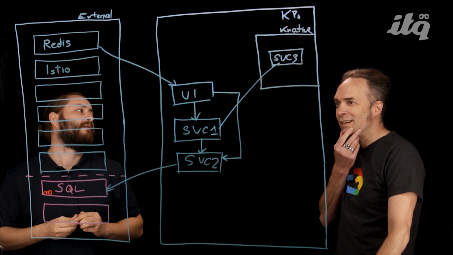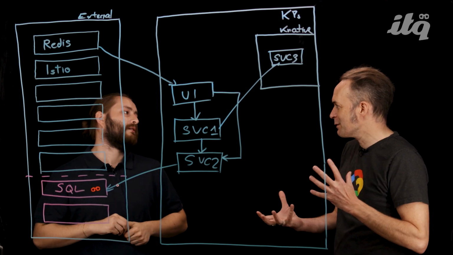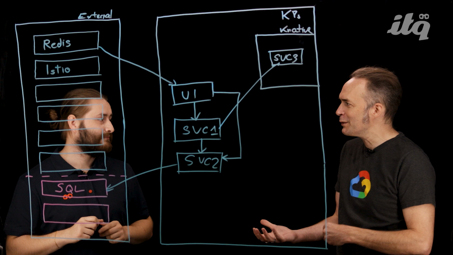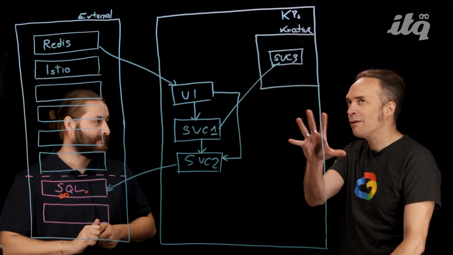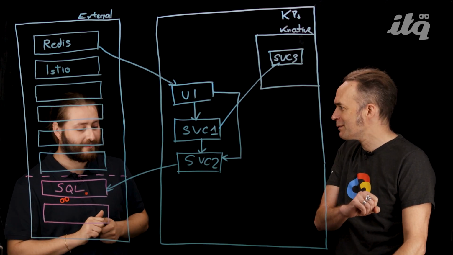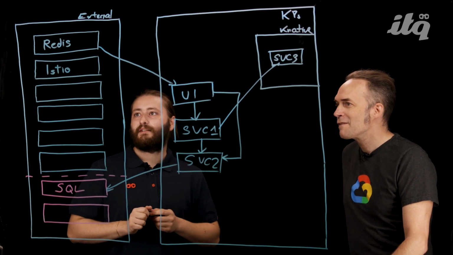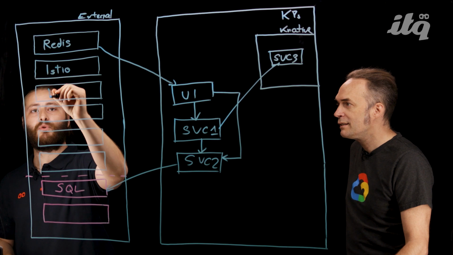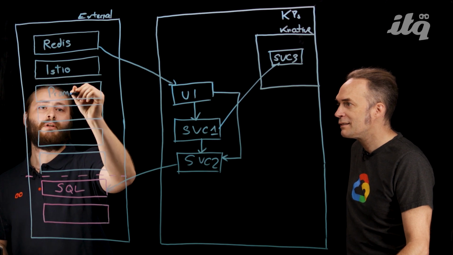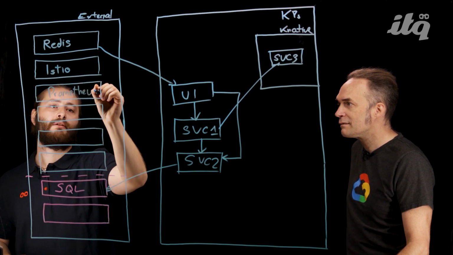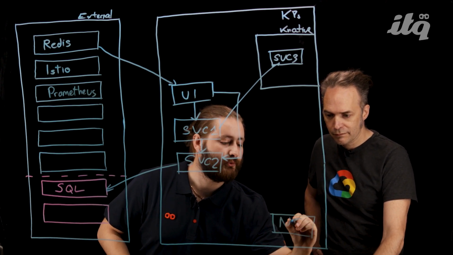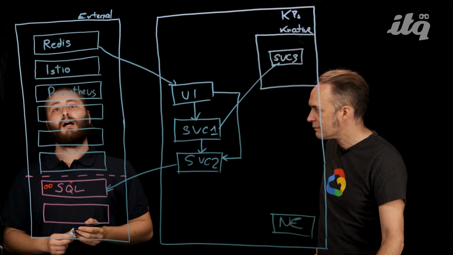So what's next? Now, if I'm operating this system, I need to know what's going on, if I'm meeting my service level objectives, things like that. How are we doing this on-premise when we're not doing it in Google Cloud? Well, there are a couple of services you're going to use for that typically, which are Prometheus for the monitoring. You will also install a Prometheus node exporter in your cluster.